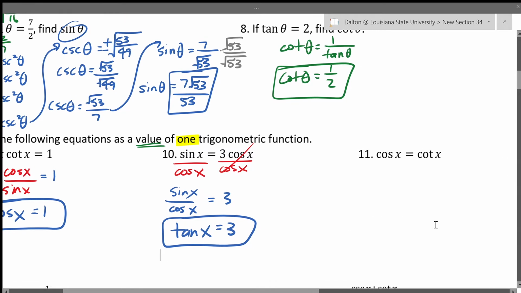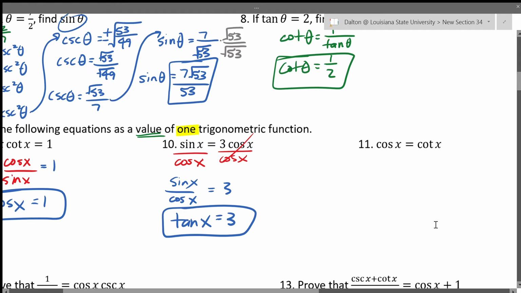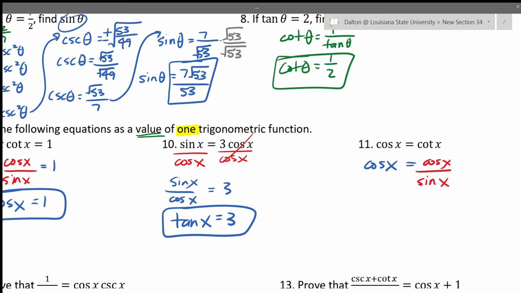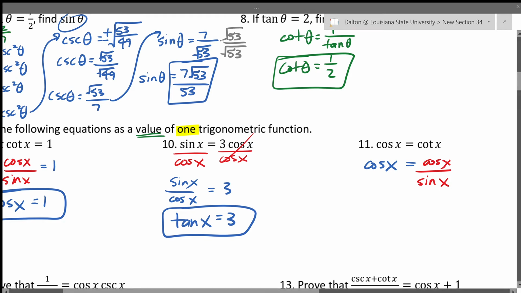For number 11, cosine x equals cotangent x. Again, you can do a few different things. I'm going to choose to leave cosine x alone, and I'm going to rewrite cotangent as cosine x over sine of x. And then, since I don't have a value here, I'm just going to try to get rid of these fractions.